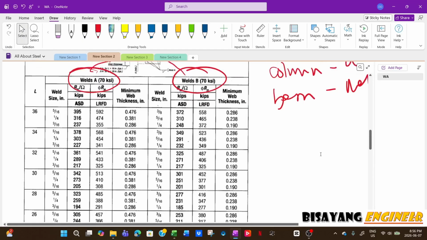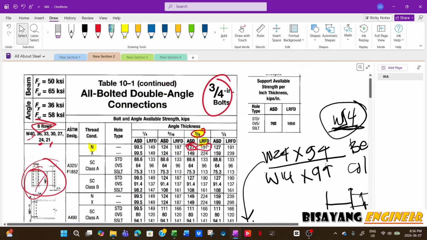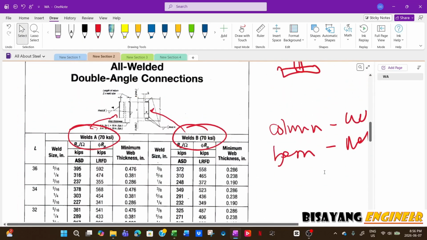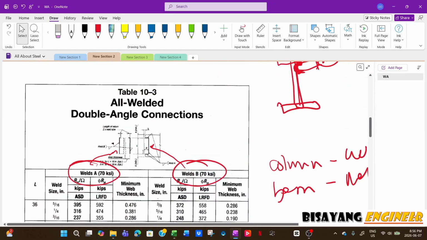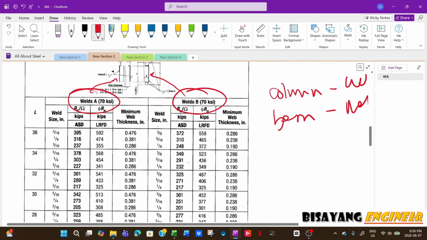length of the angle. Now you are checking the capacity of the weld connection to the beam web. So that is weld B, this one.